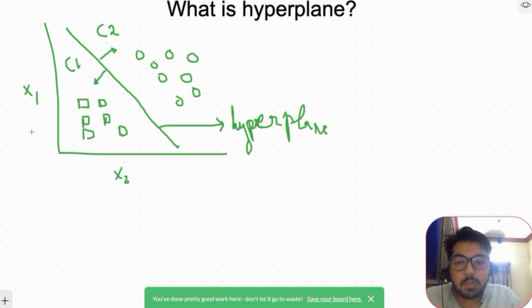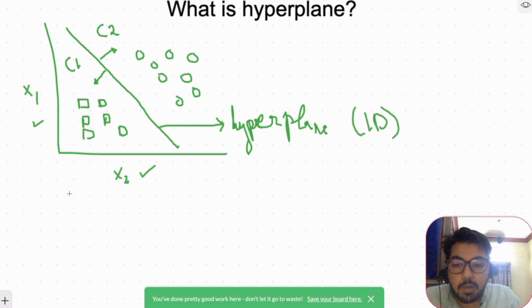Currently we have only two features, but in real life there won't be just two features, there will be many features. When we have a two-dimensional graph, the hyperplane comes out to be a single-dimensional line.